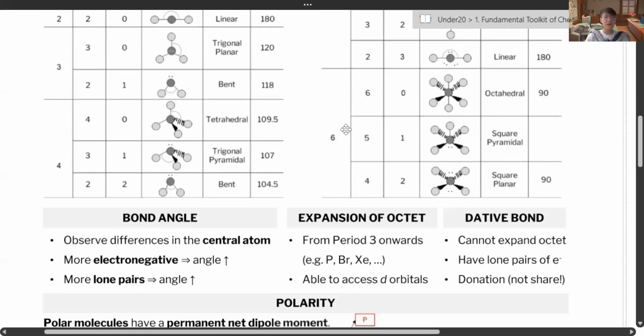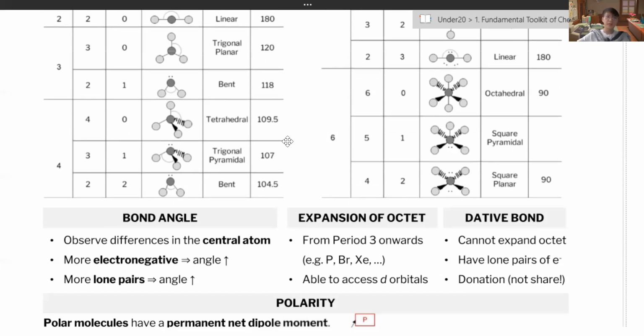Some kind of questions that they'll ask you is, we have values here like 109.5, 107. So how would it differ if we have a different structure? The bond angle can change depending on the central atom, right? So you need to observe the differences in the central atom and not anything else, okay?